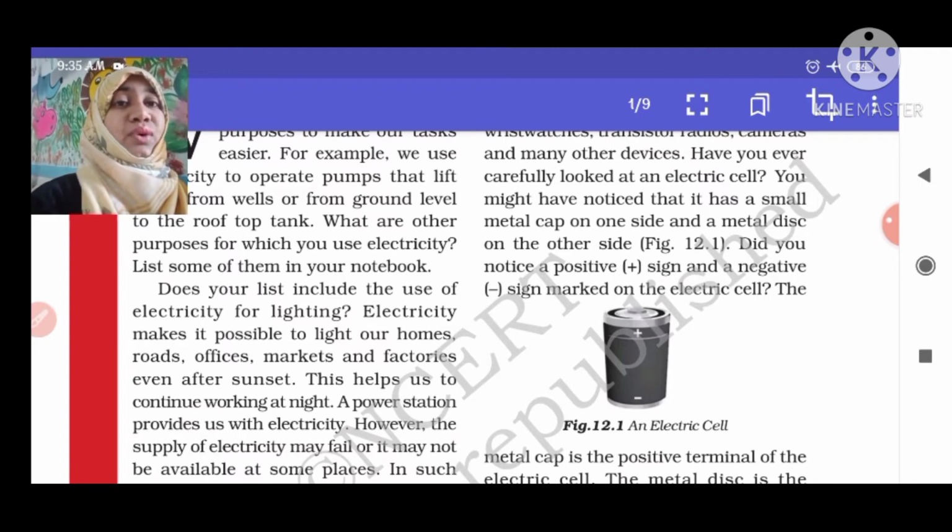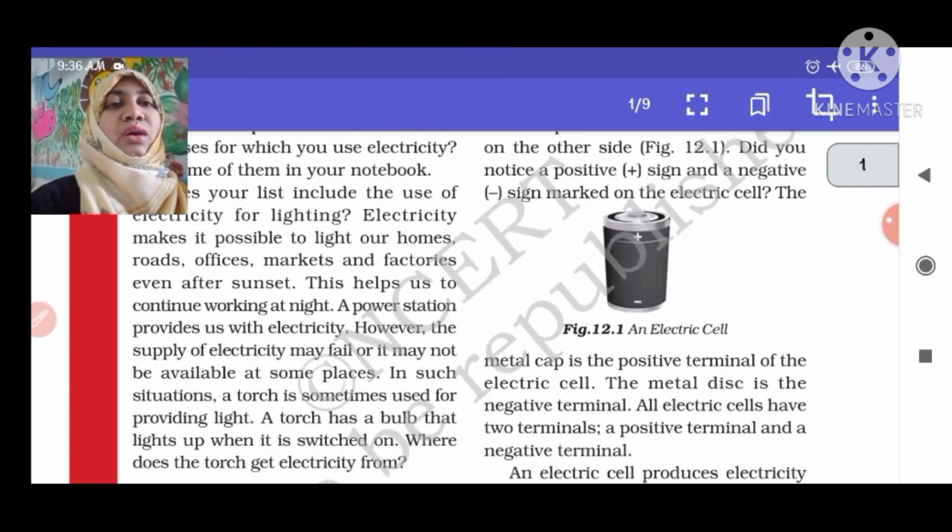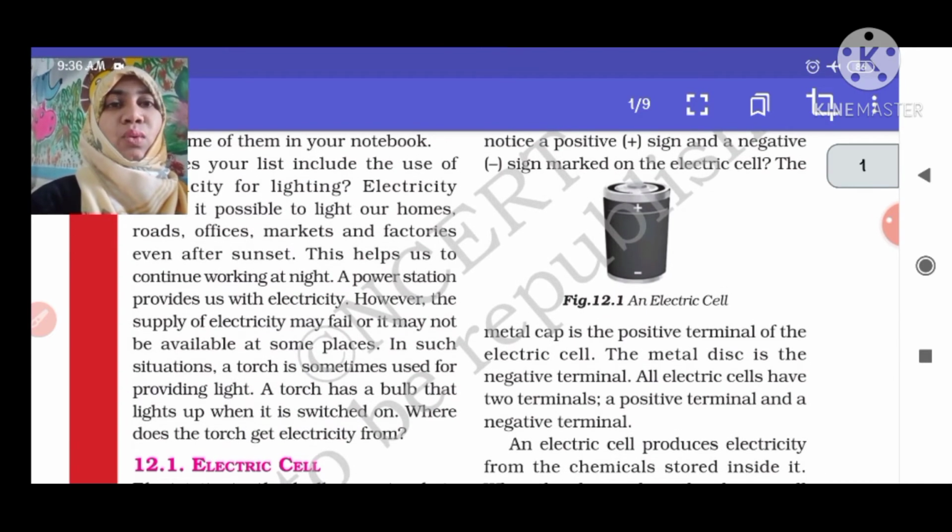See, the first and foremost reason we use electricity is to switch on the lights. We get the light or brightness in the room because when we switch on the button, the light will glow. So the first thing is electricity for lighting. Next, electricity makes it possible to light our homes.